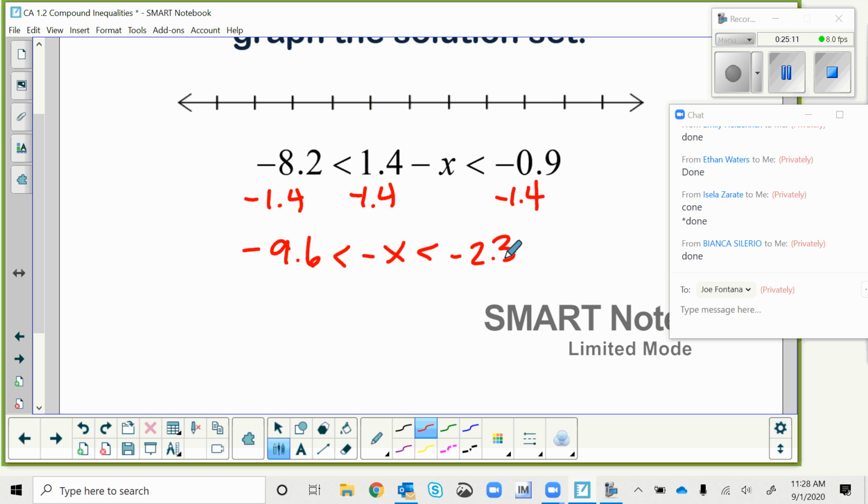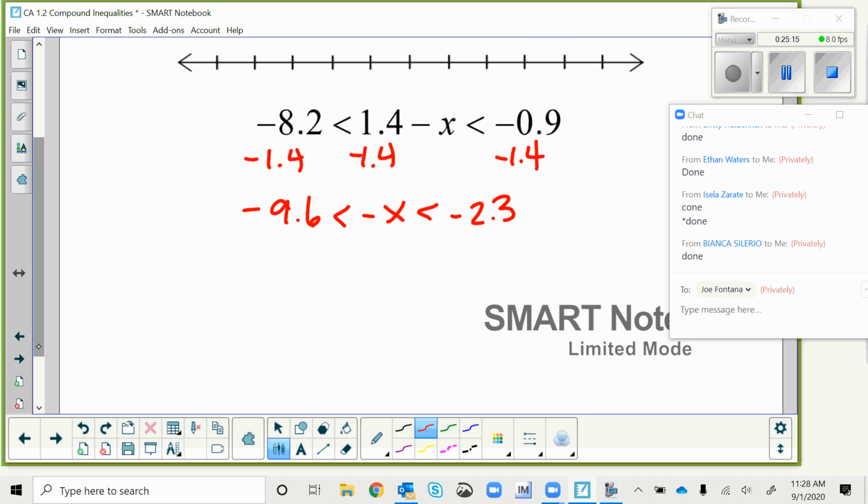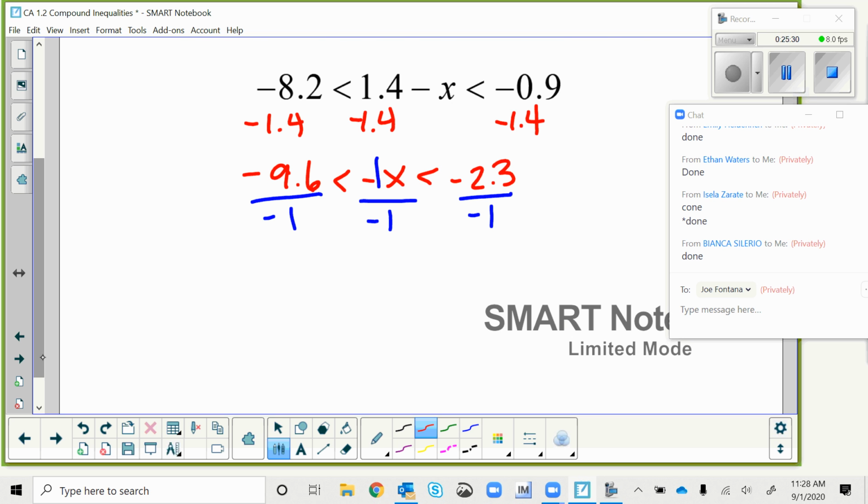And now the thing is that x is negative, but I need it to be positive. So if you think about it as times a negative 1, then maybe you divide everything by negative 1. And it has to be done in all 3 sections. So that changes to positive 9.6, positive x, and positive 2.3.